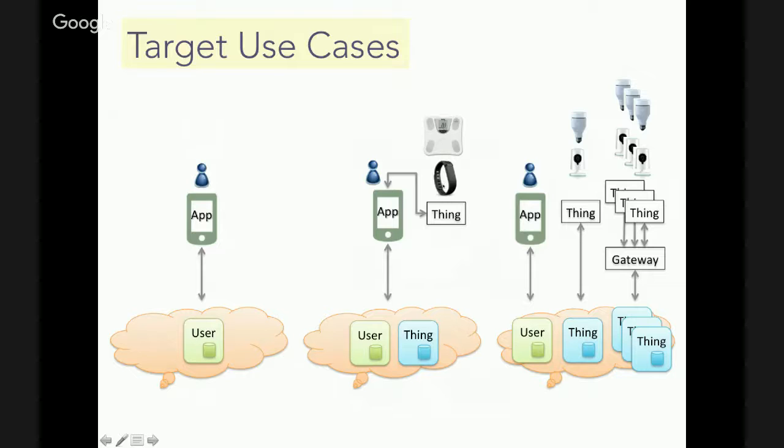And then you start to interact with things. So think of a Fitbit, a fitness tracker that you have on your wrist. The fitness tracker doesn't talk directly to the cloud because many IoT devices are so battery aware. You try to get as much battery life out of these things as you can. Having a Wi-Fi chip or a cell chip is going to drain your battery a lot faster.